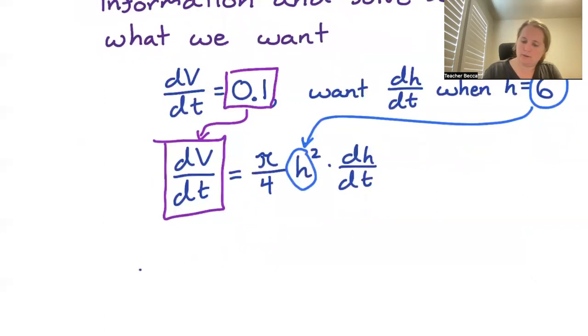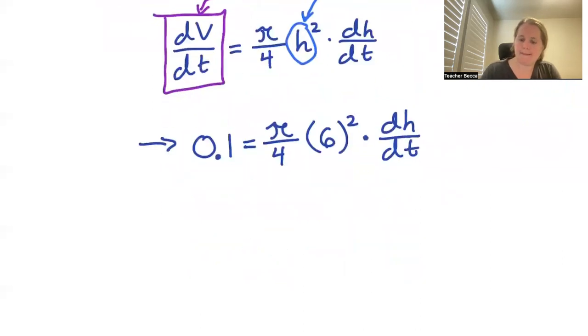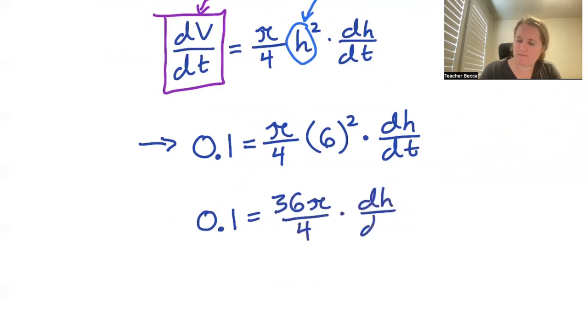So we have 0.1 is equal to pi/4 times 6 squared times dh/dt. So 0.1 is equal to 36 pi/4 times dh/dt, or 0.1 is equal to 9 pi times dh/dt.